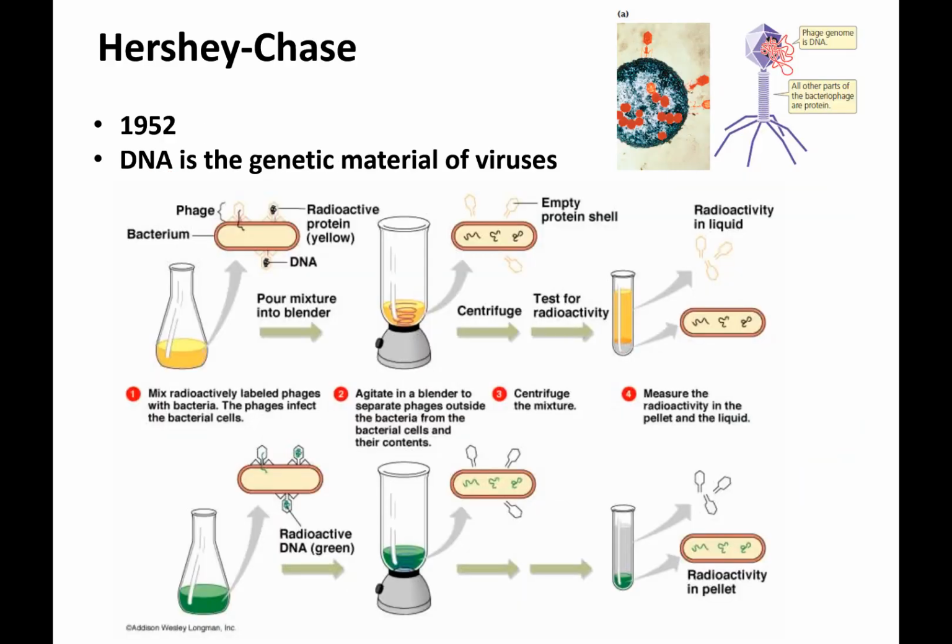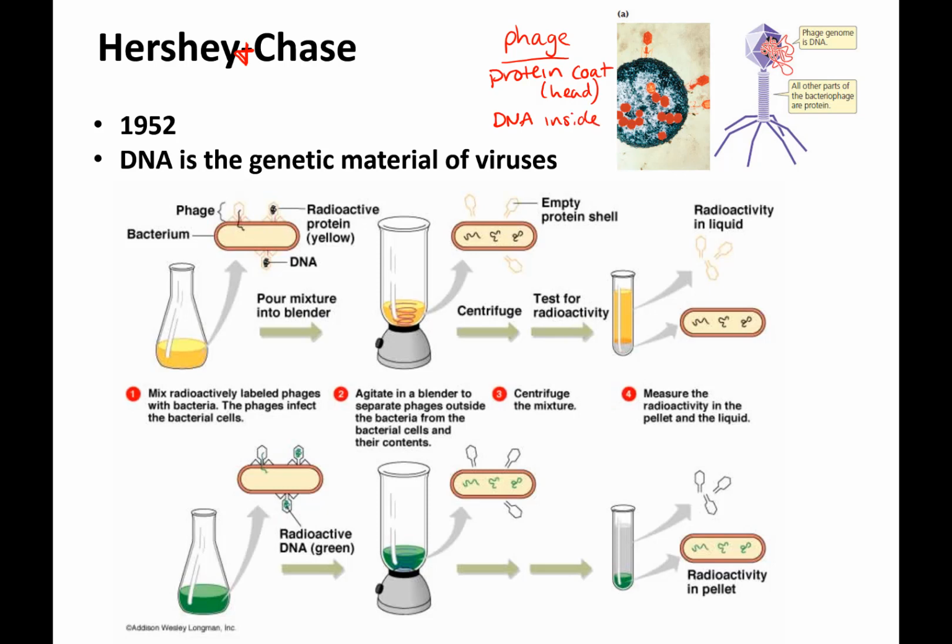A few years later, Hershey and Chase, and that shouldn't be Hershey Chase, it should be Hershey and Chase, we're looking at phage. So bacteriophage are viruses that infect bacteria. And a phage is basically made of a protein coat, or in this case head, and DNA inside.